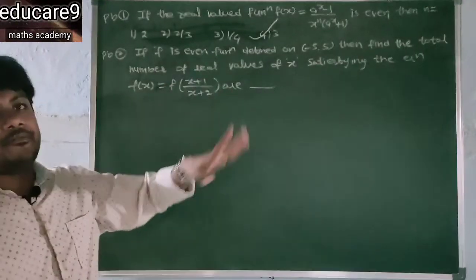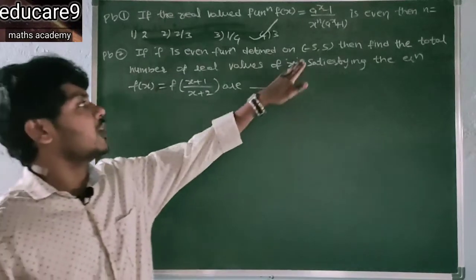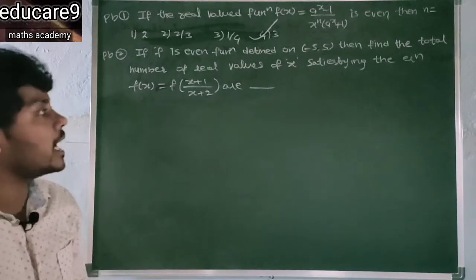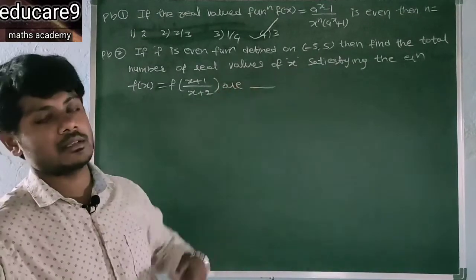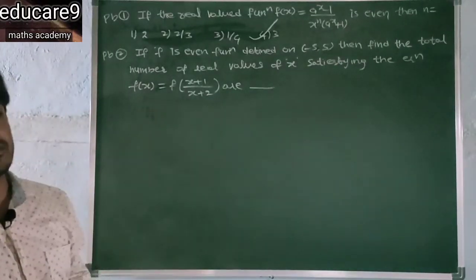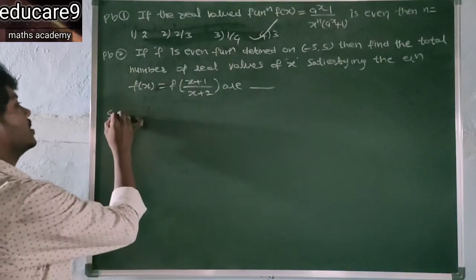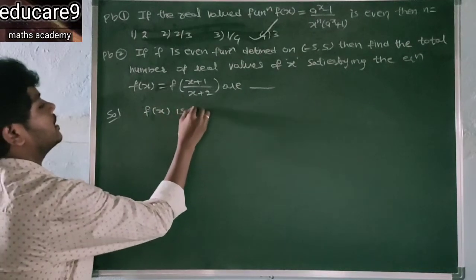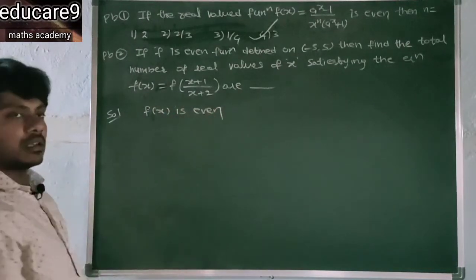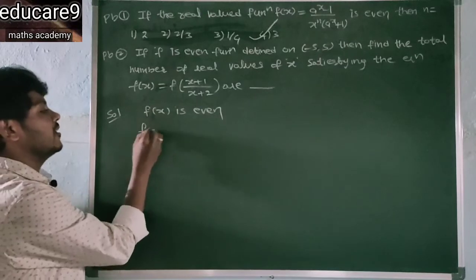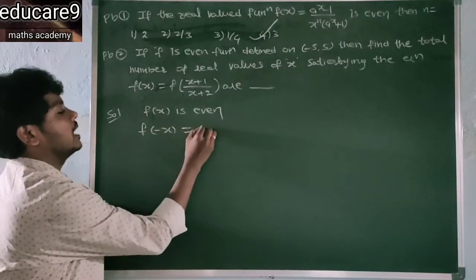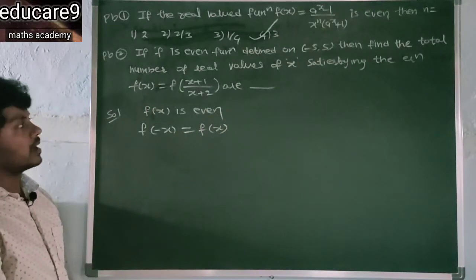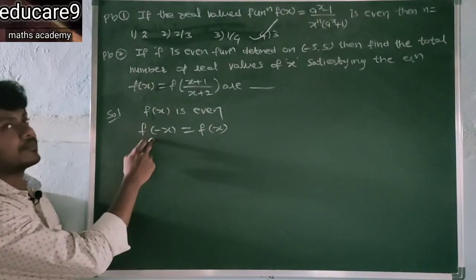If f is an even function on the interval minus 5 comma 5, find the total number of real values of x satisfying this equation. See here, solution: f of x is even, means f of minus x is equal to f of x.